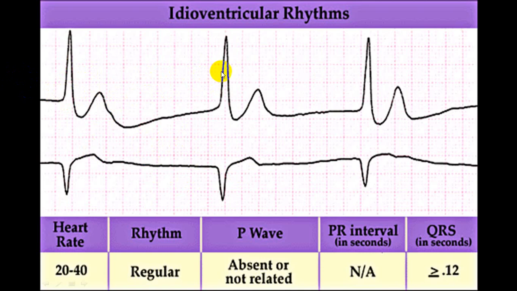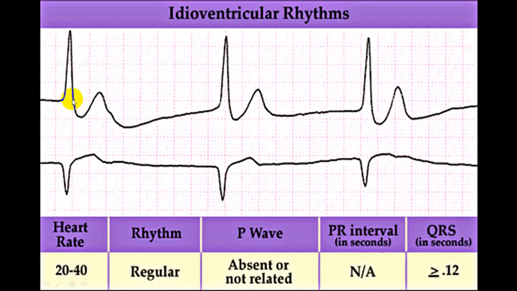Now if you calculate the interval between R to R, it is almost 40, more than 40 small squares. 1500 divided by 40 comes to nearly 40. Less than 40, approximately 35. So ventricular rate is 35.